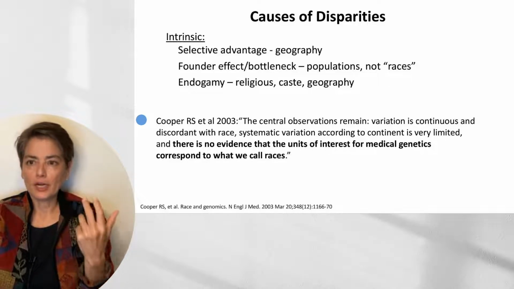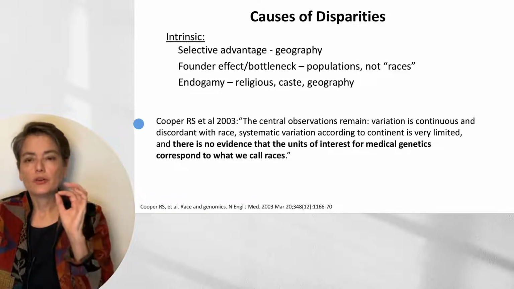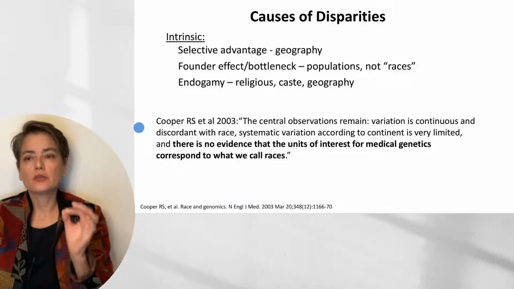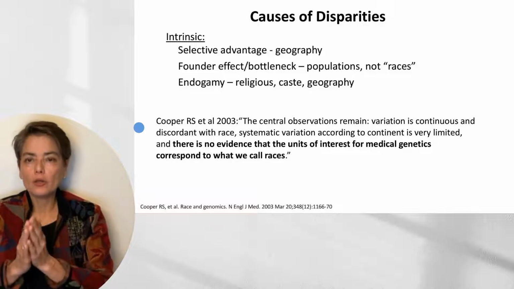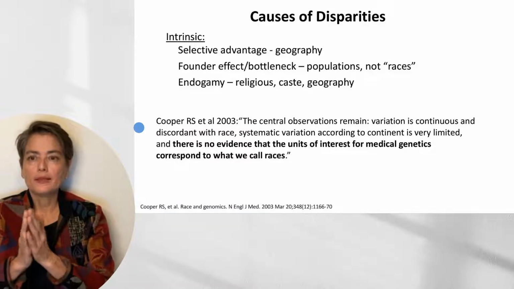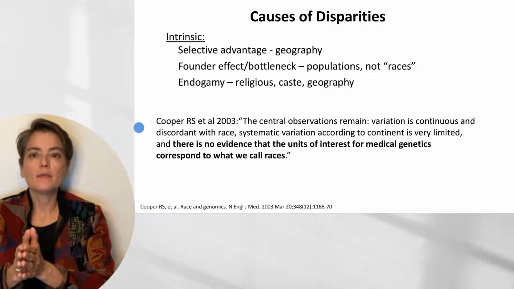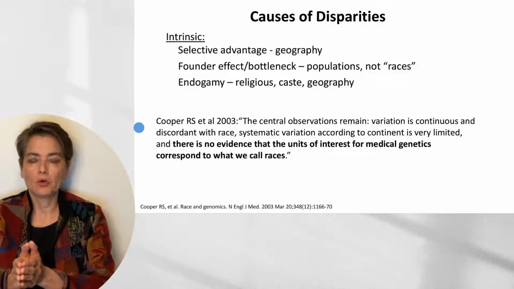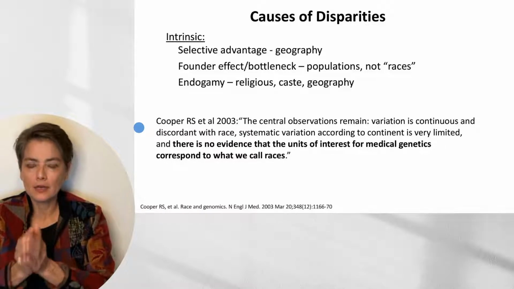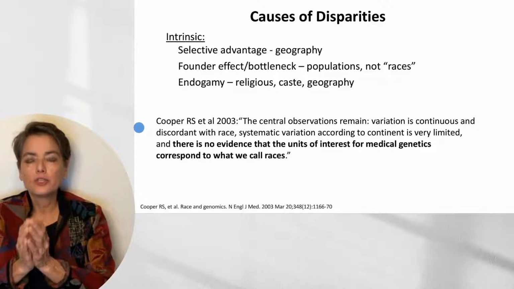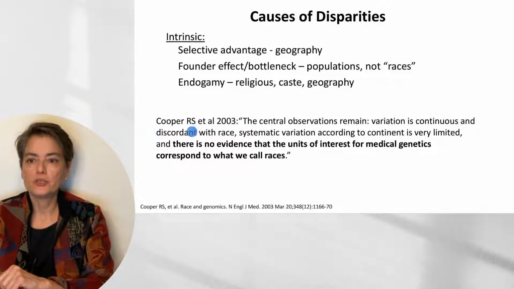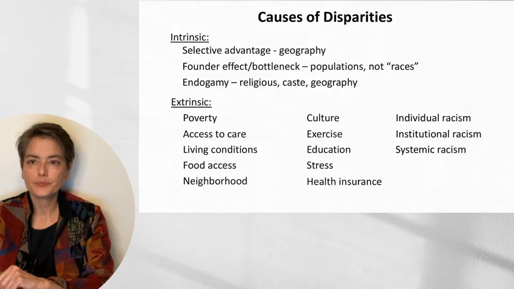Systematic variation according to continent is very limited, and there is no evidence that the units of interest for medical genetics correspond to what we call races. So all of this money, time, and energy is, I believe, at some level being poured into supporting systemic racism. It is not about reducing disparities. So I encourage you to keep that in mind.